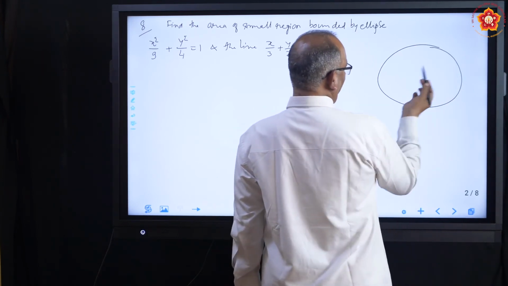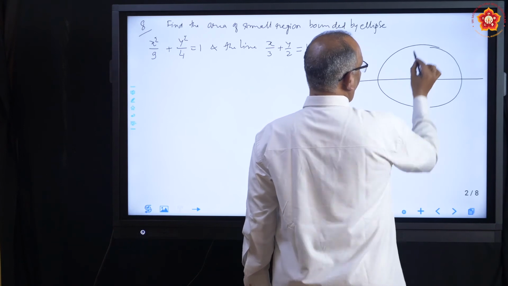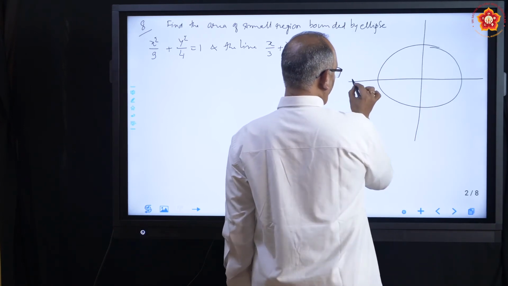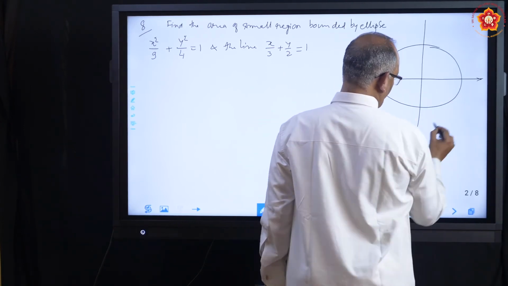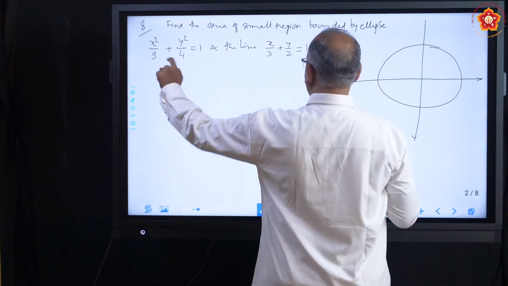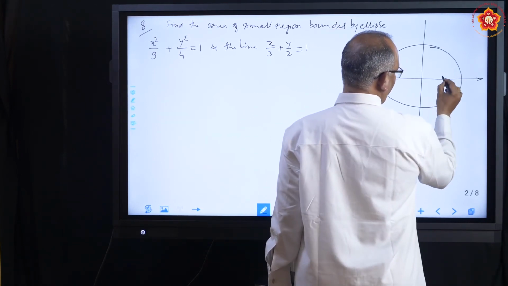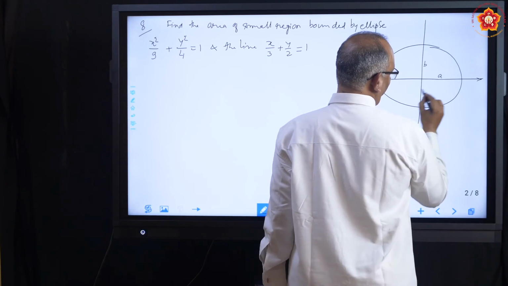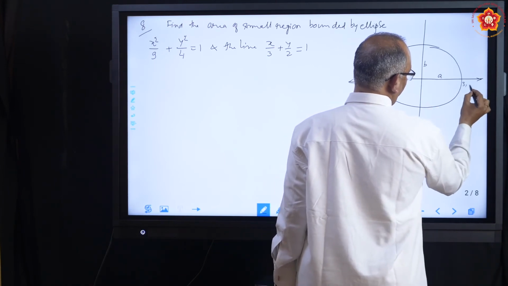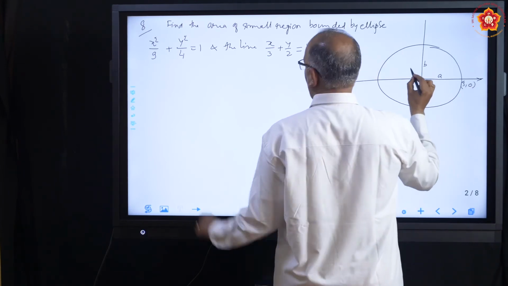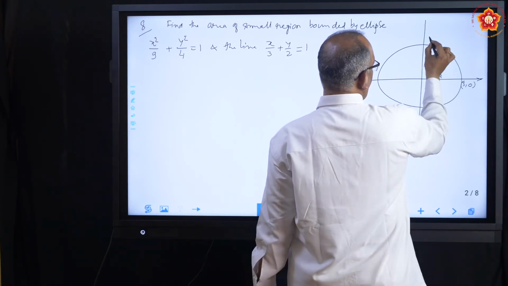Okay, so let us say this is the ellipse. And the equation says a square is 9. This is the value of a and this is the value of b. A square is 9, so this should be 3, 0. B square is 4, so it should be 0, 2.